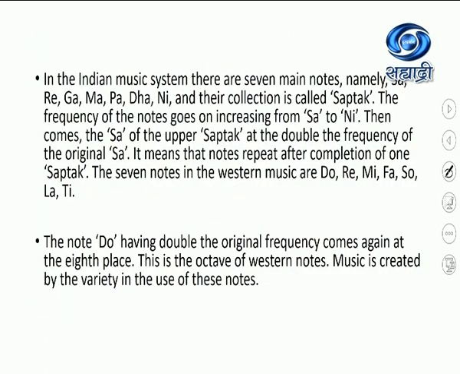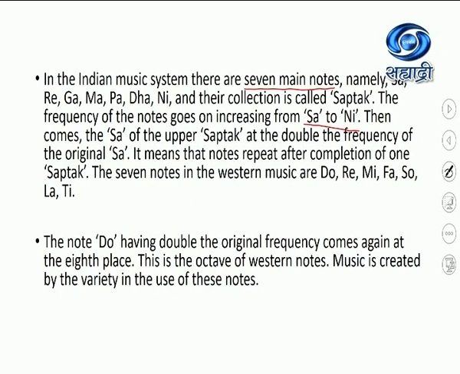So how did he compare it with music? In the Indian music system, there are 7 main notes, namely Sa, Re, Ga, Ma, Pa, Dha, Ni, and their collection is called a saptak. The frequency of notes goes on increasing from Sa to Ni, then comes to Sa again.